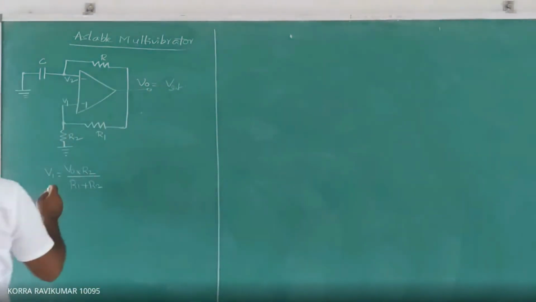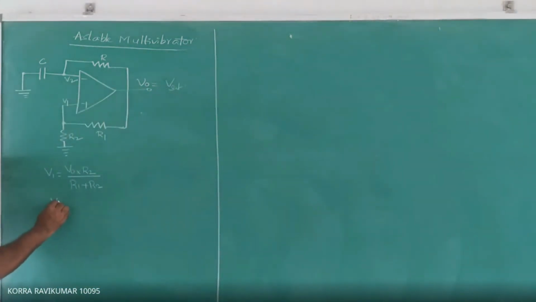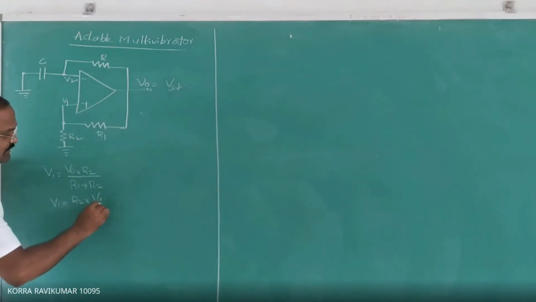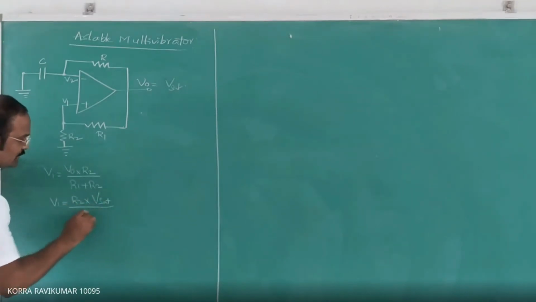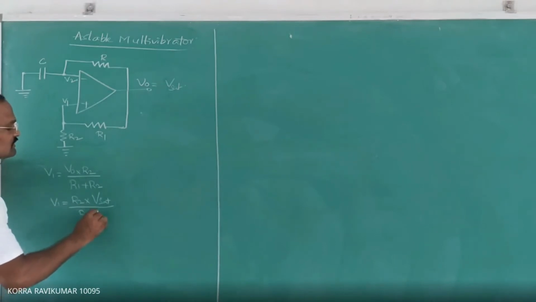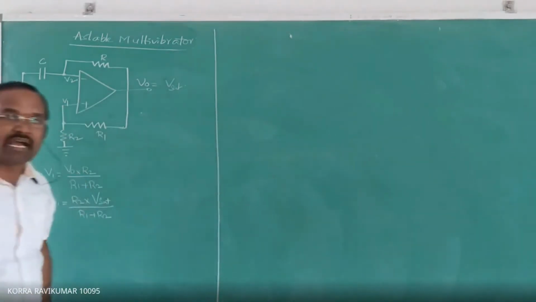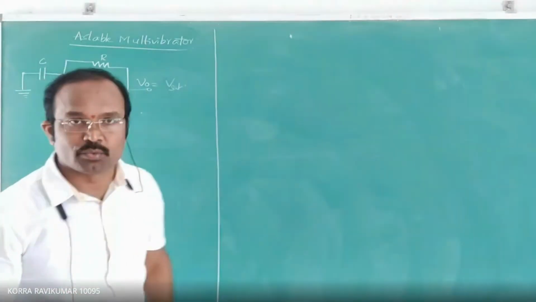So V1 is equal to R2 into plus V saturation divided by R1 plus R2. Here this V1 acts as the reference voltage.